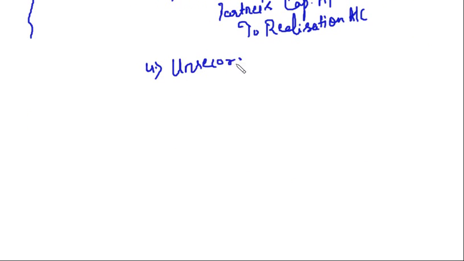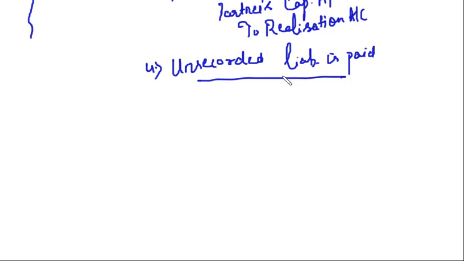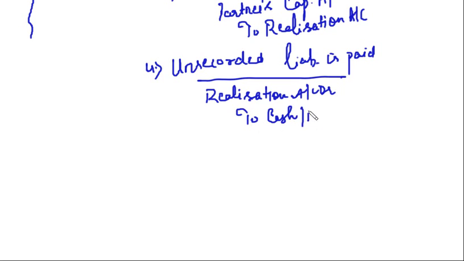unrecorded liability is paid. Then the journal entry will be realization account debit to cash or bank account. Similar to the entries we have done in realization of assets and settlement of liabilities.